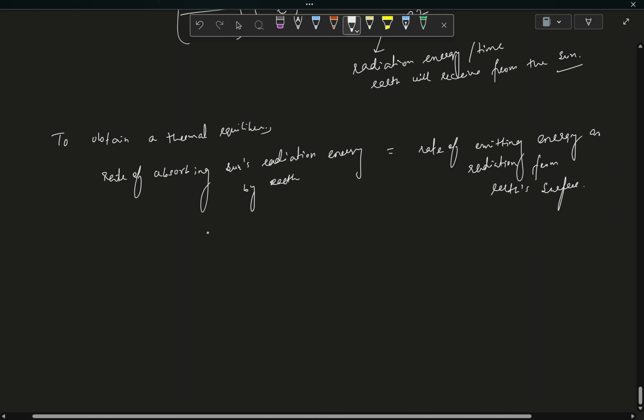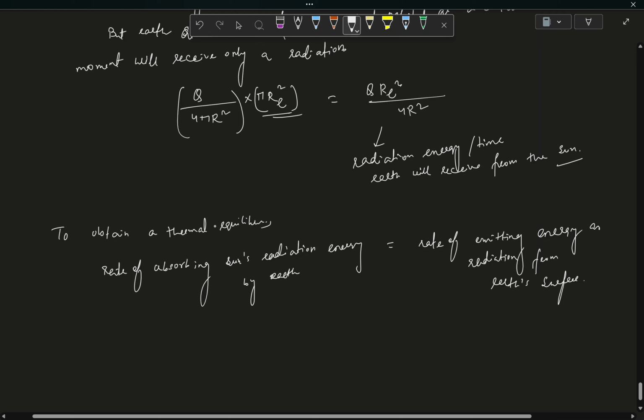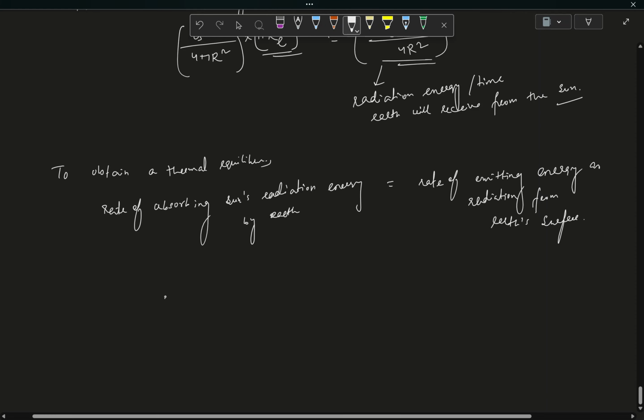So therefore the rate of absorbing energy from the Sun by Earth is just this one, because this is the energy per time. So basically this is the rate. So that you put on the left hand side.